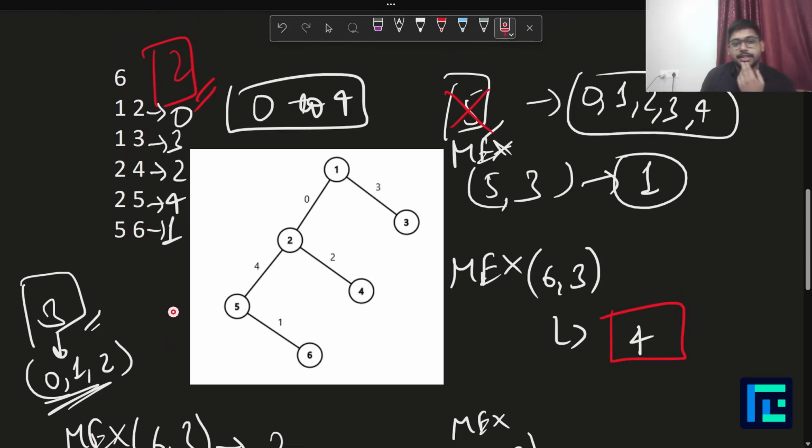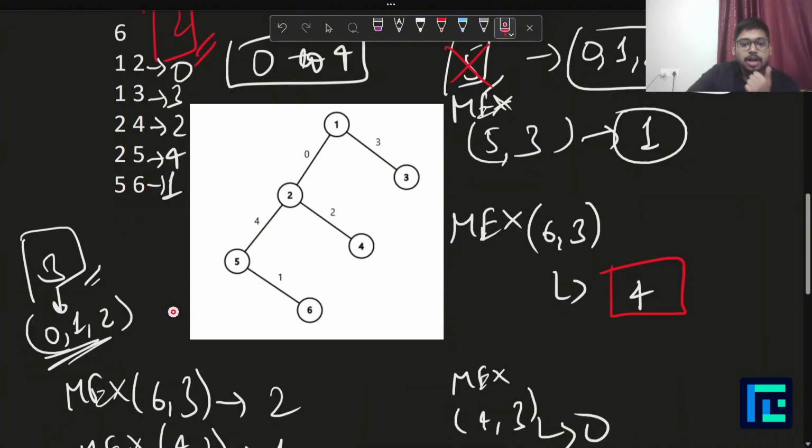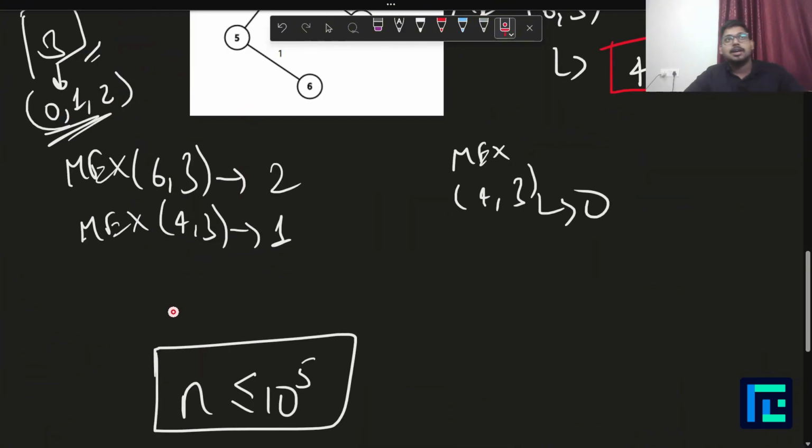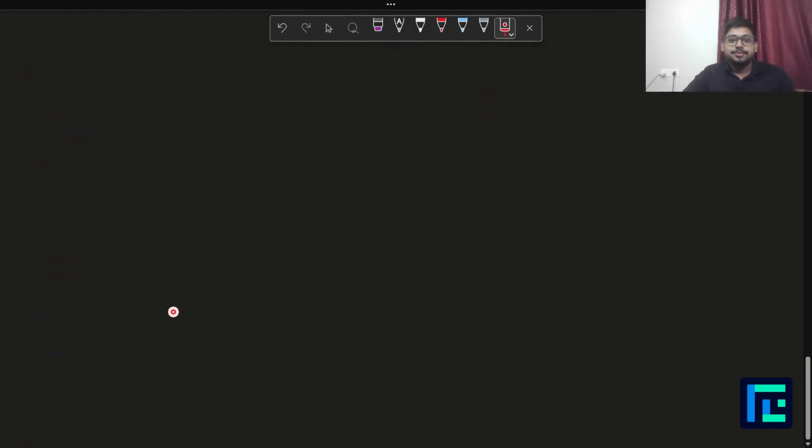So how do we do that? Let's try to analyze this problem first. How do we minimize our largest MEX?